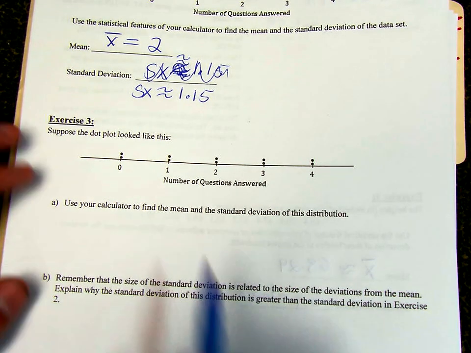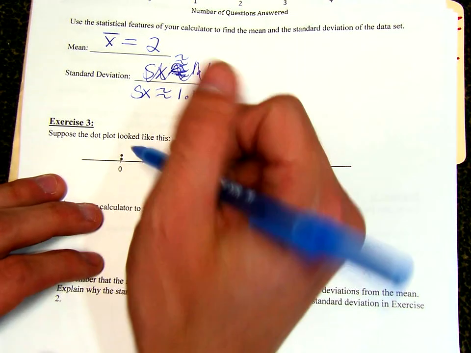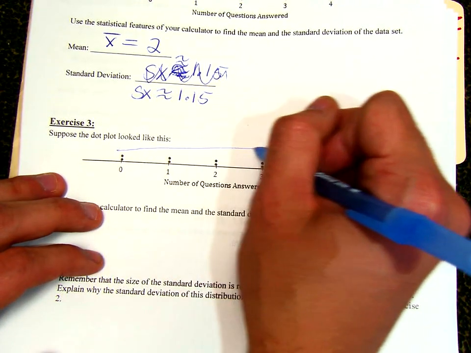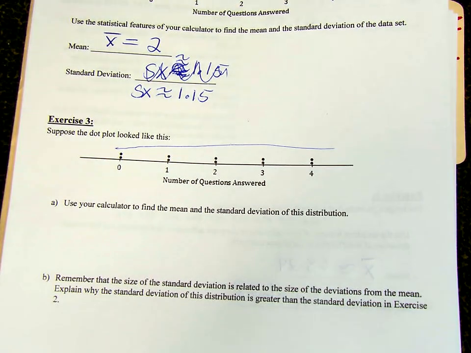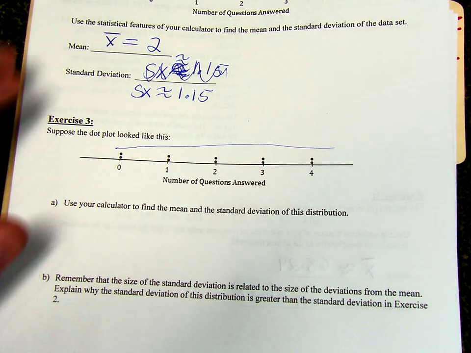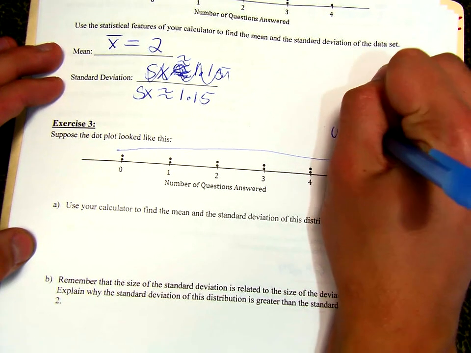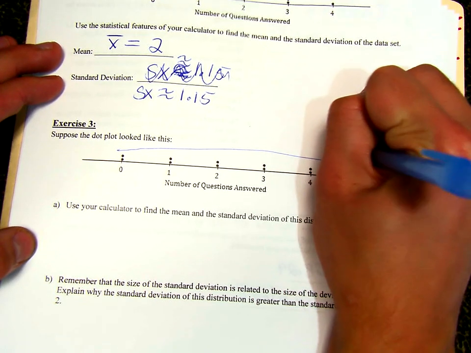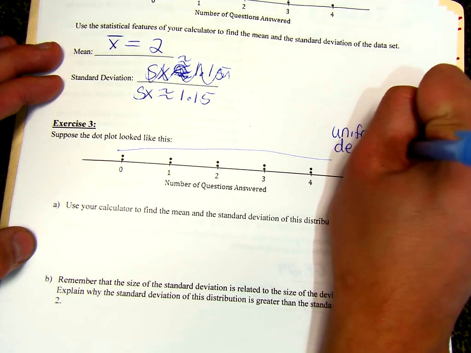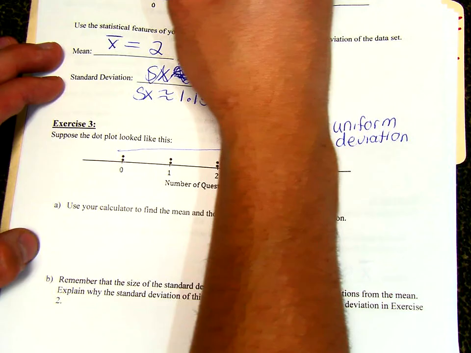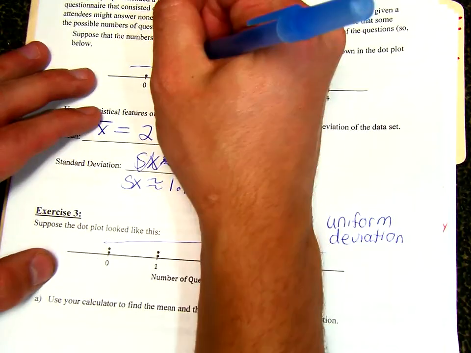So if you look at this, if we drew the line for our curve, it would just go straight across. This straight across is called a uniform distribution. So this one would be uniform. And we know that this one up here, our last one, would be kind of our mound shape.